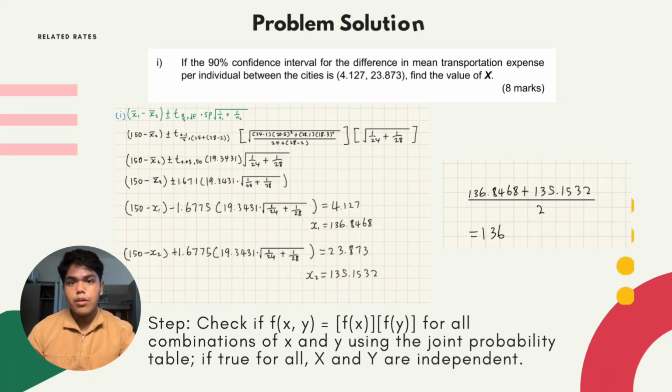To find value of x, we use the given 90% confidence interval of 4.127 and 23.873. We set up two equations based on the lower and upper bounds of the interval formula.